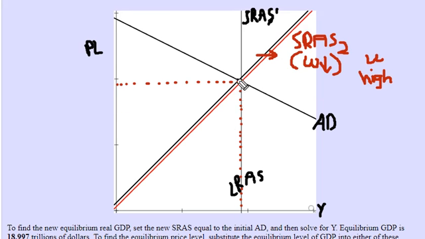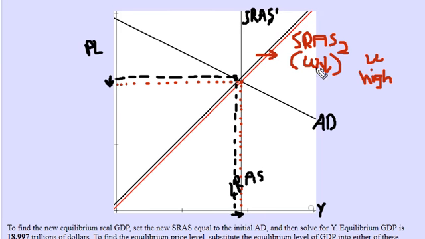So GDP was low, you can barely see it. GDP was low, now it's equal to potential. And the price level fell, right? The price level fell and GDP increased, right?